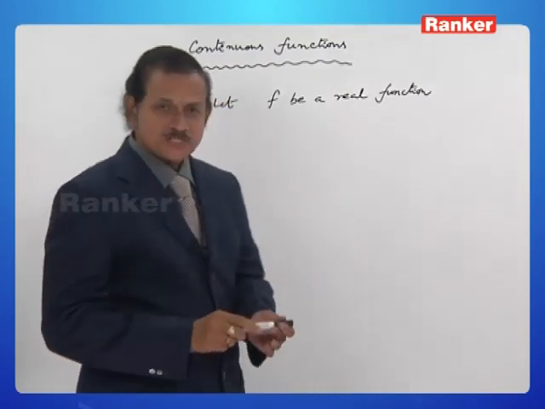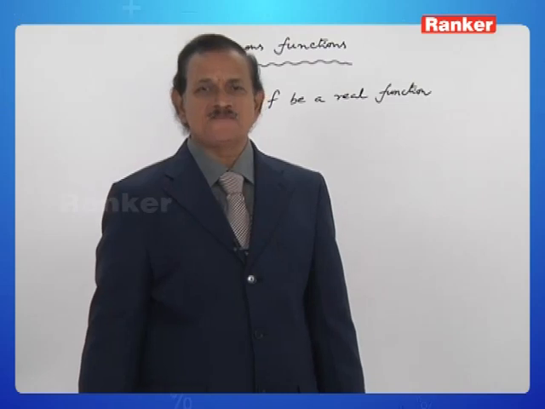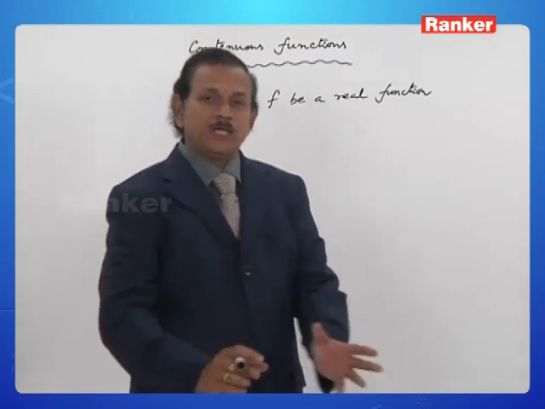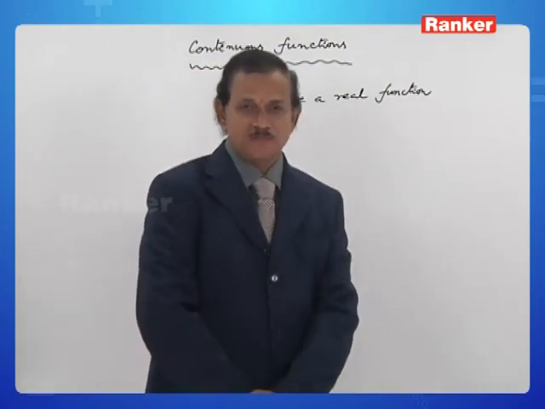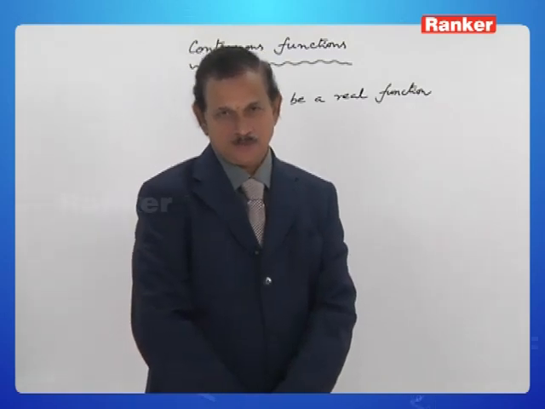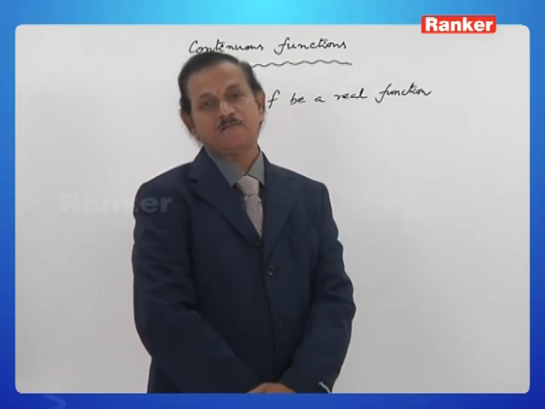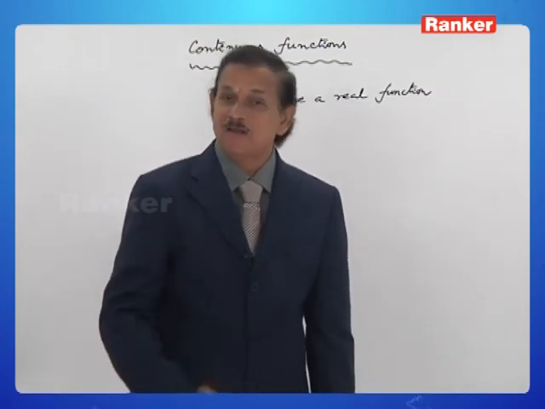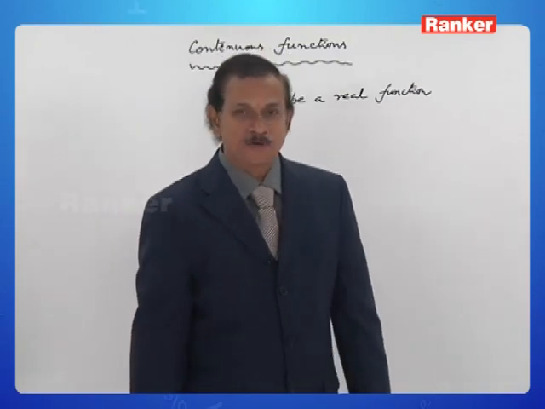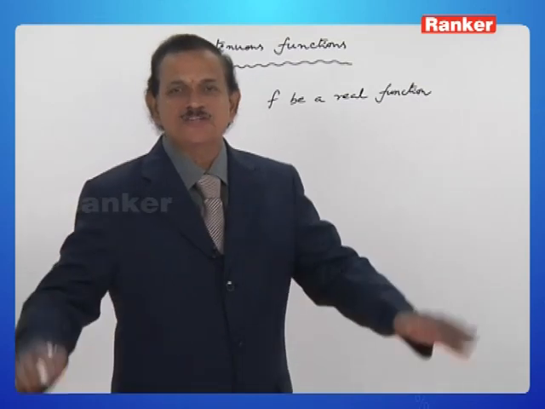What do you mean by a real function? A function whose domain and codomain are subsets of real numbers. If only the domain is a subset of real numbers, then it is termed as a function of real variable. If only the codomain is a subset of real numbers, then it is called a real valued function. If both the domain and codomain are subsets of real numbers, then it is termed as a real function.